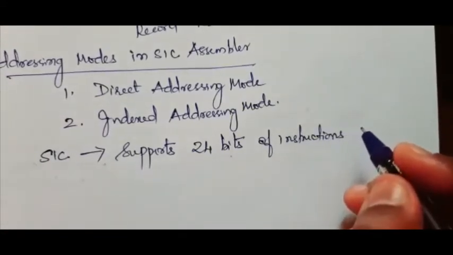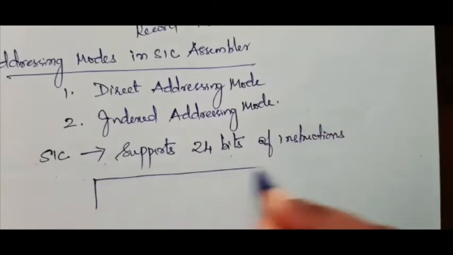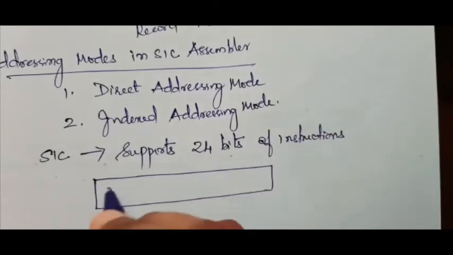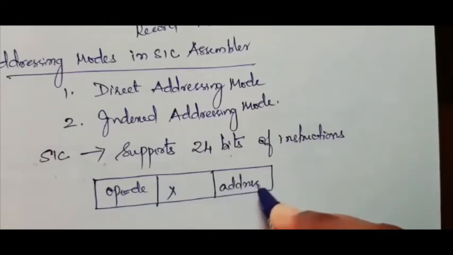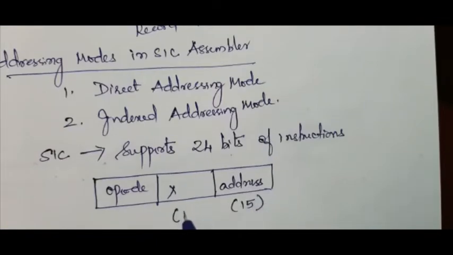Okay, so the instruction format could be how? Here we will have opcode, X, and address. The address consists of 15 bits, X consists of 1 bit, and opcode consists of 8 bits.